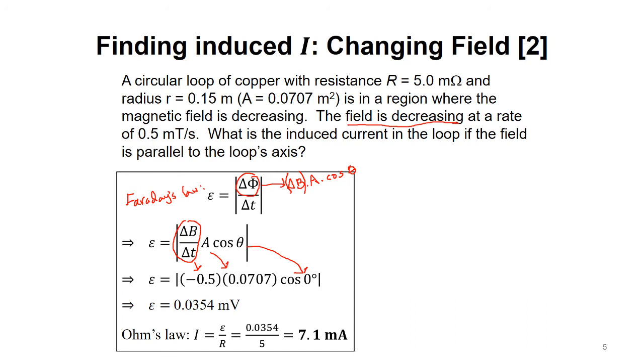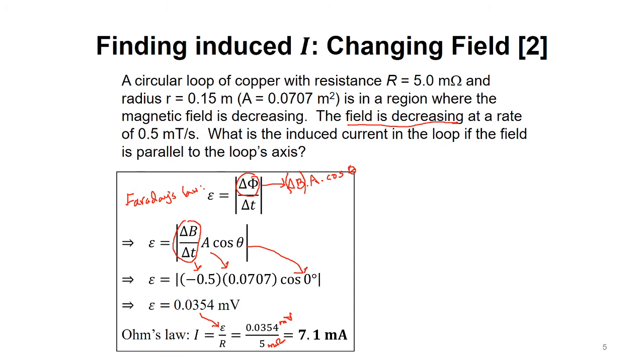So we get the EMF here, and you plug it into Ohm's law, I equals EMF over R. So you divide millivolts by milliohms, and you get 7.1 milliamperes. So this gives us the current in the loop.